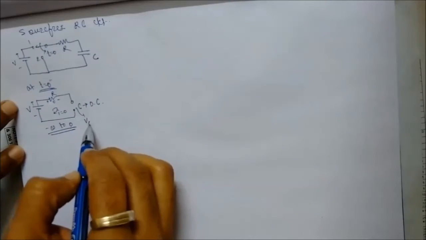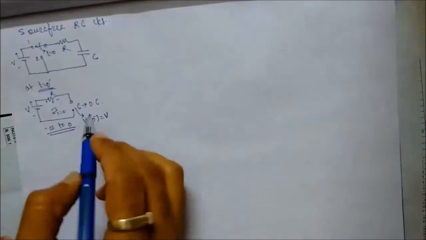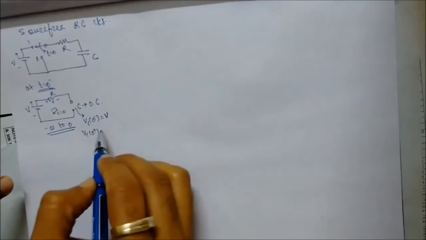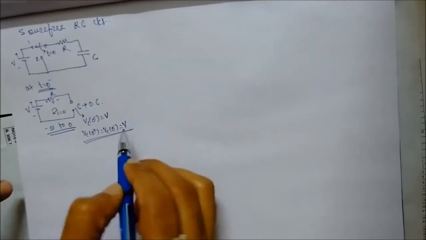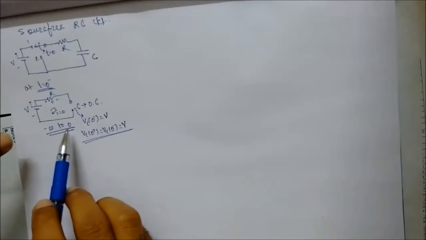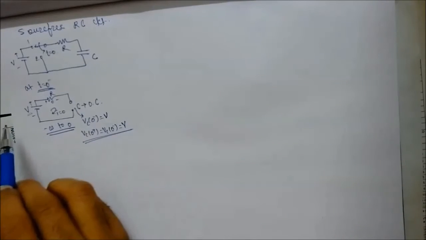That means Vc at 0 minus is equal to V, and we know from the property of capacitor that Vc at 0 plus is equal to Vc at 0 minus, that is equal to V. That means during this interval from minus infinity to 0, capacitor will get charged up to the value of V.